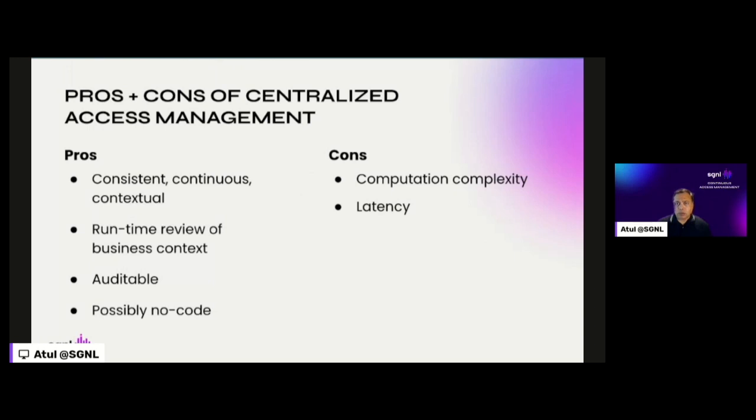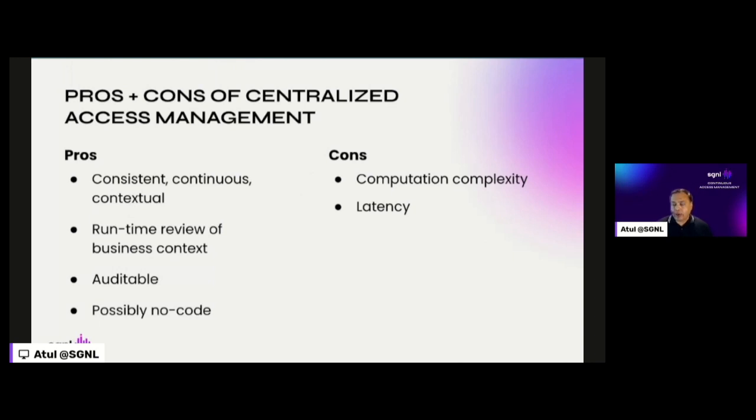So, as you can see, there are many good things. Like I said, it's continuous, consistent, and contextual. What I mean by continuous is that whenever access is requested, at that time you're making a decision, right? You're making a decision based on the latest data.